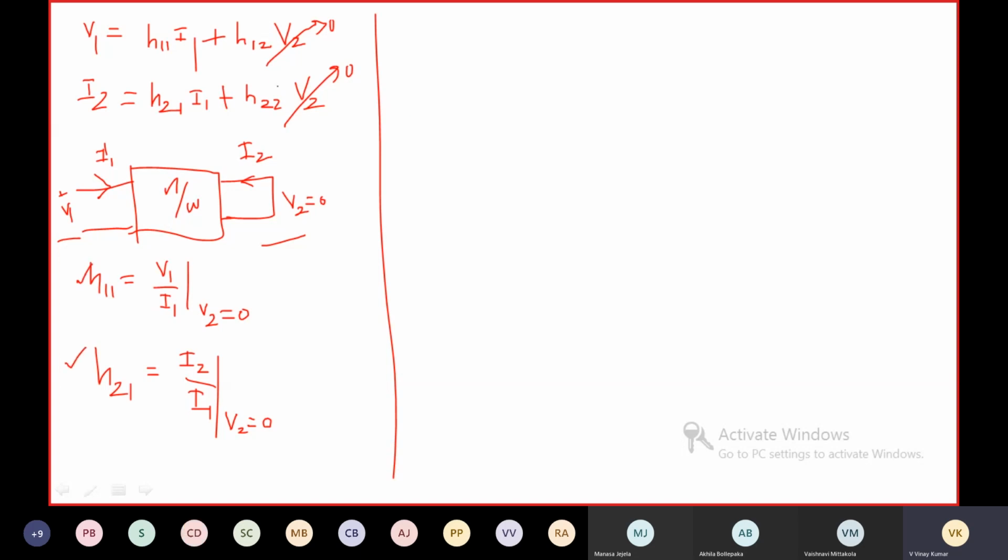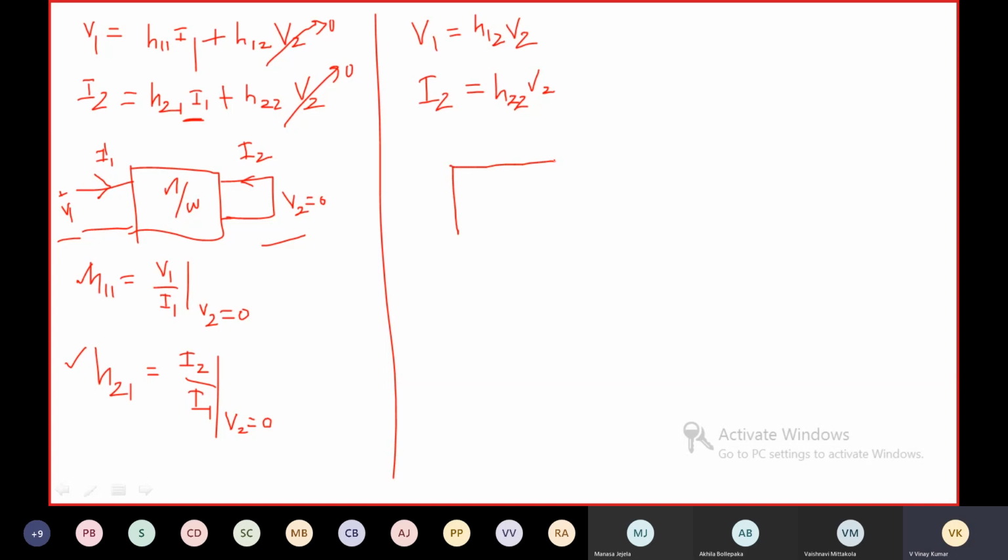Coming to H12 and H22, if I make I1 0 in this equation, then V1 is equal to H12 V2. Making I1 0 in the other equation, I2 is equal to H22 V2.